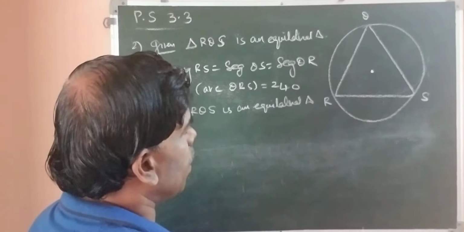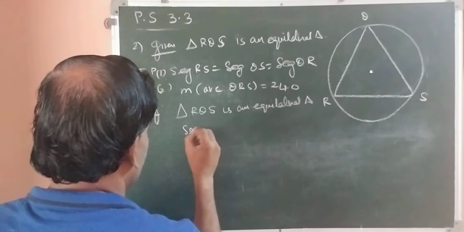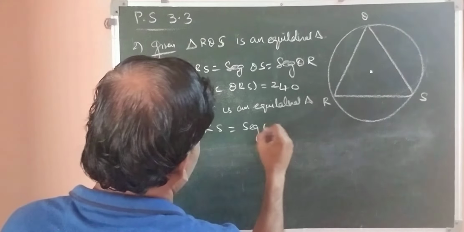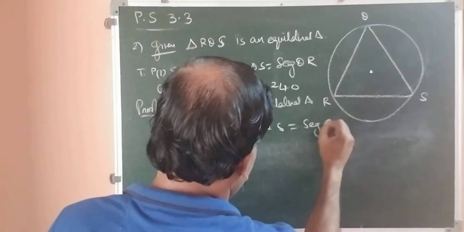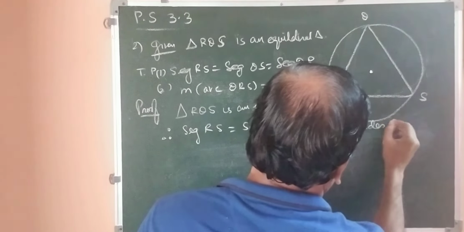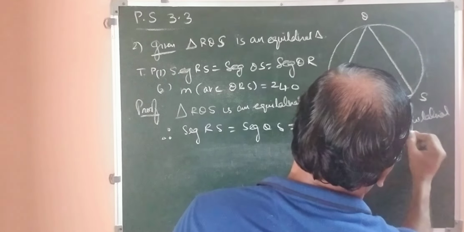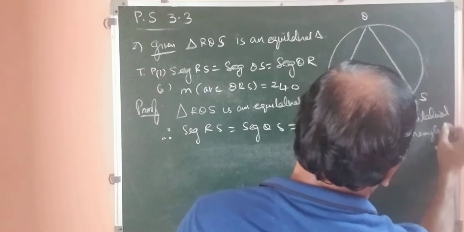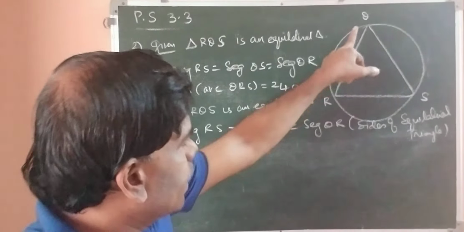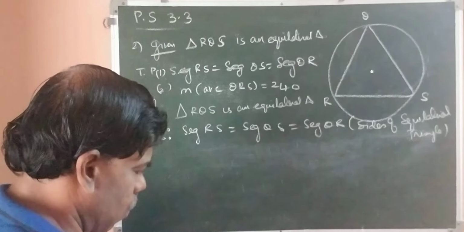Therefore segment RS equals segment QS equals segment QR. Why? Sides of an equilateral triangle are congruent. Okay, that is one.